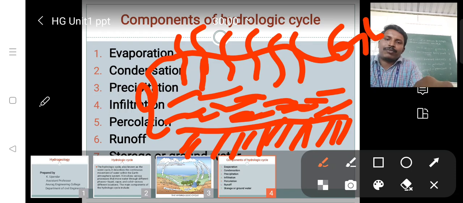Coming to the confined aquifer, the groundwater table lies between two impermeable layers.